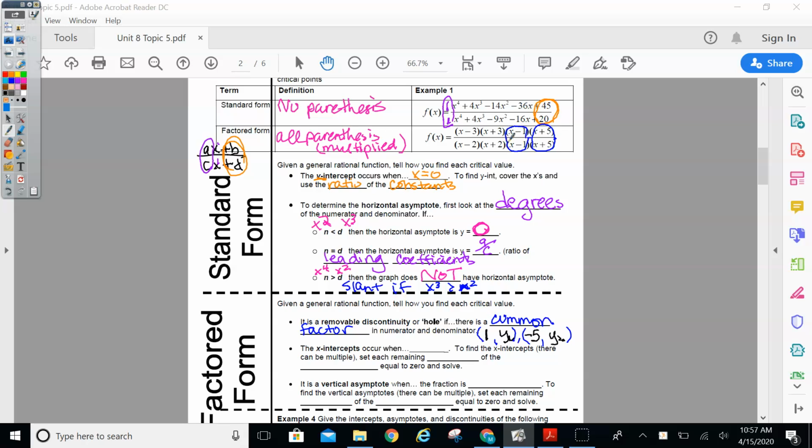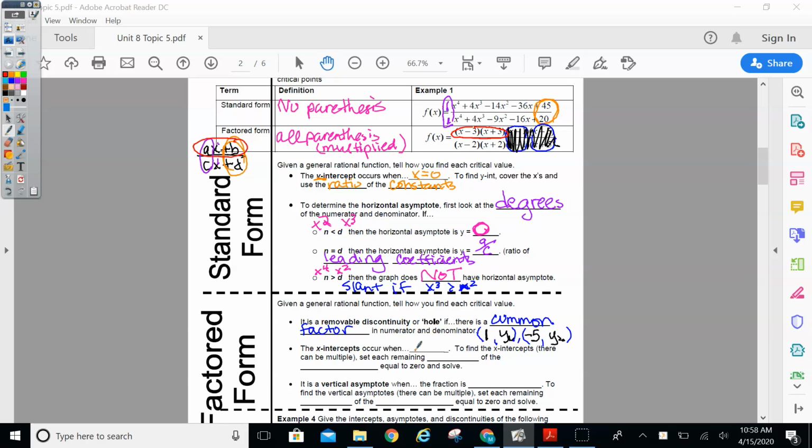Once you find the common one, you throw out those factors and you see what's left. So if you look back over here at our simple rational, the numerator gave us the x-intercepts. That's still going to be the case here. So if we look at the numerator, the stuff that's left in the numerator is still going to give us the x-intercepts.